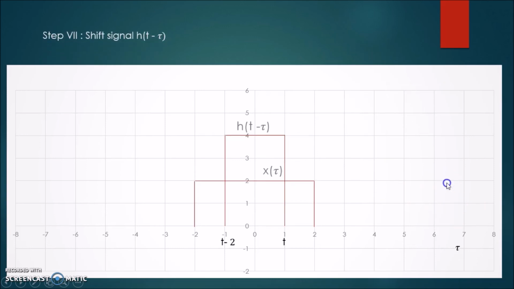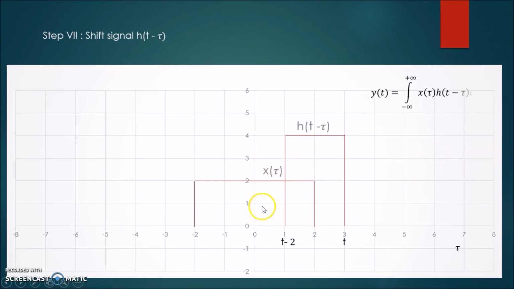Now further, we have to again shift h of t minus tau so that it will intersect the other edge of this x of tau. Here also the integral exists between t minus 2 up to 2.